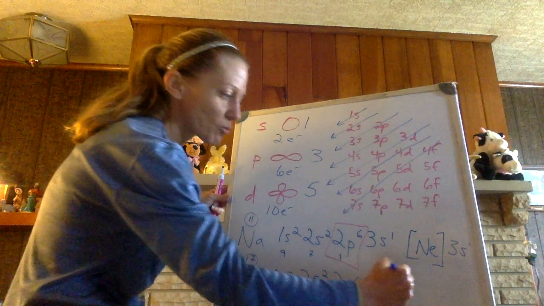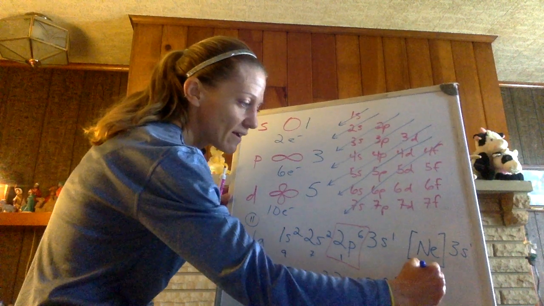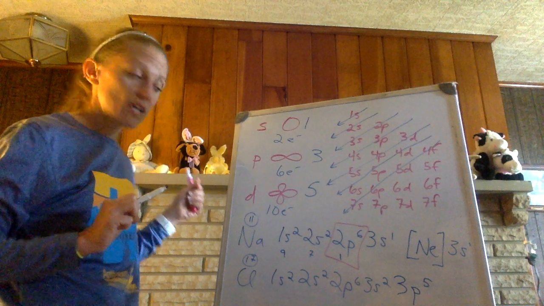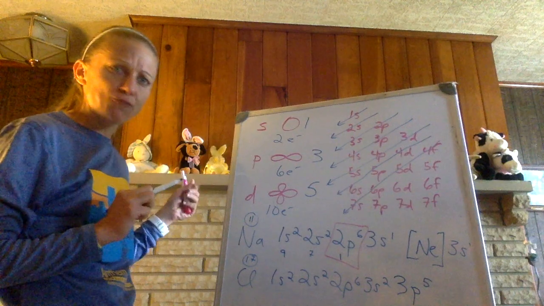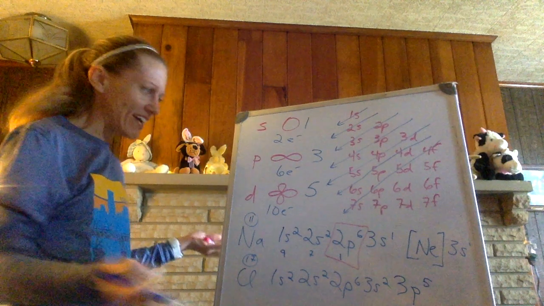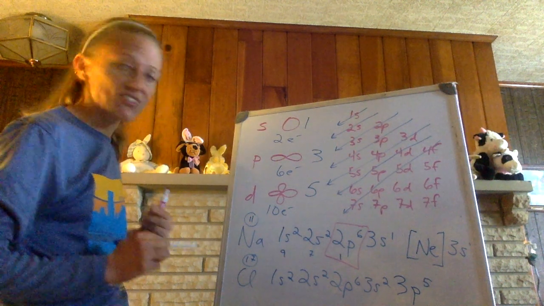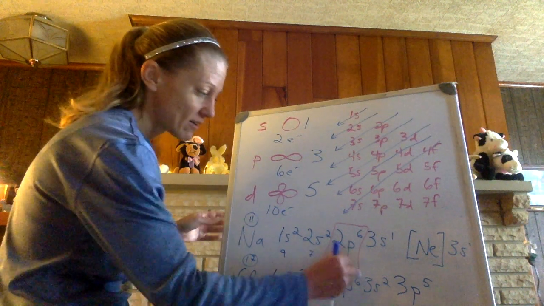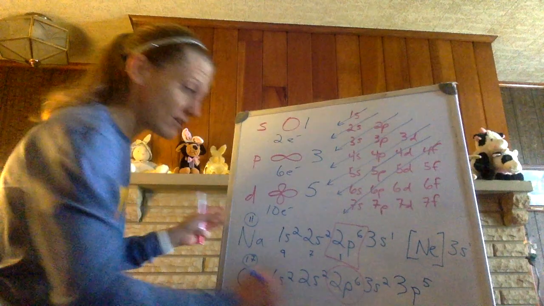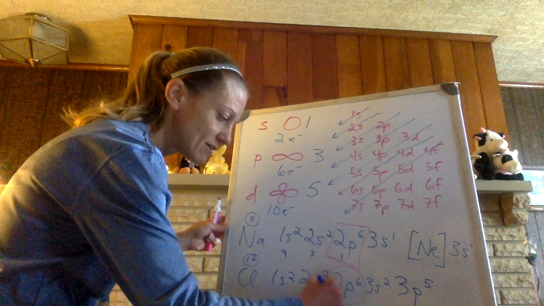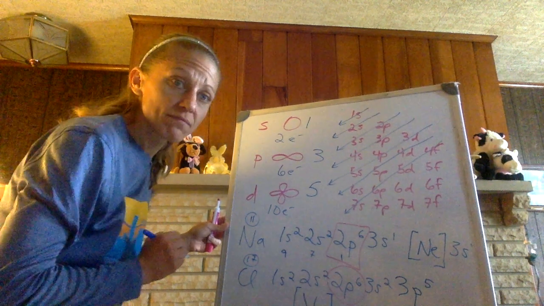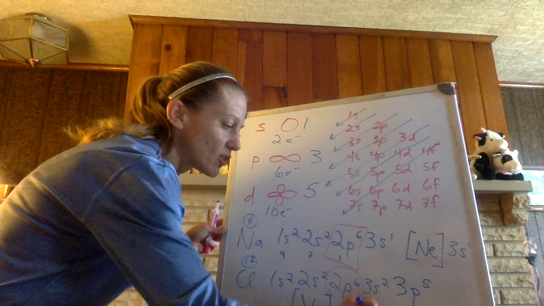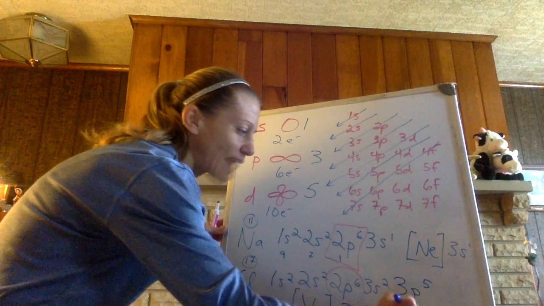Let's go up to 3p. It would take the last 5. But I can't use that for my full p orbital for my noble gas. It isn't full, it isn't 6. So I'm back at 2p6 again for neon in brackets and the remainder written after.